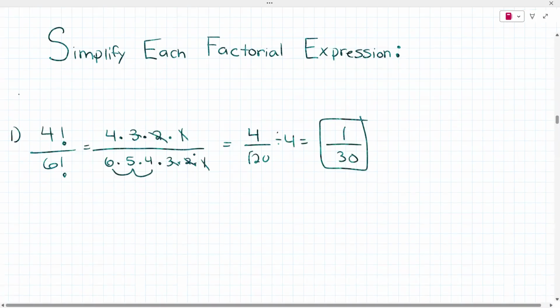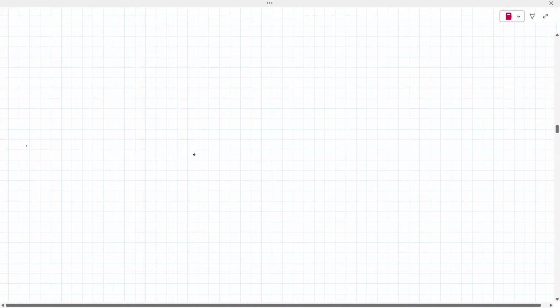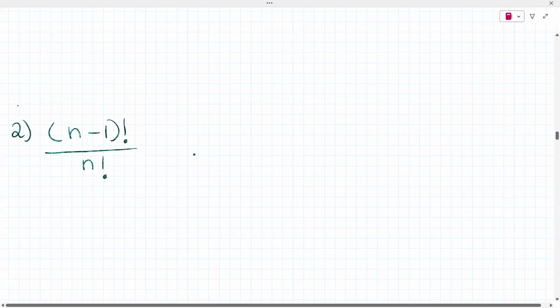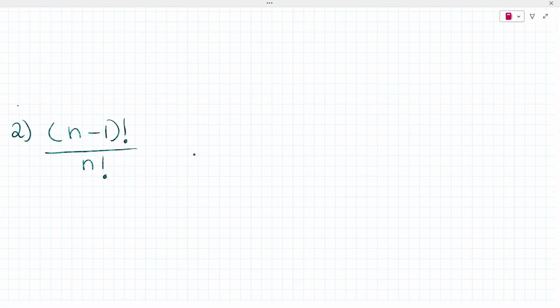Okay, let's move on to number 2. We have n minus 1 factorial over n factorial. So how do we do this one? We can't just plug in a number for n, right? Because it just says n minus 1 factorial over n factorial.